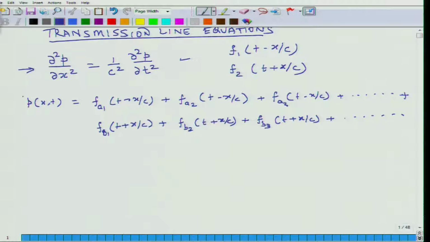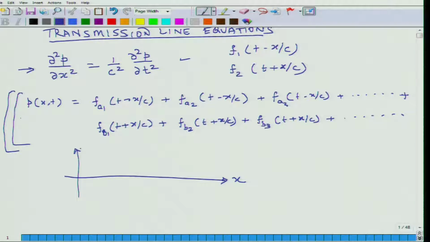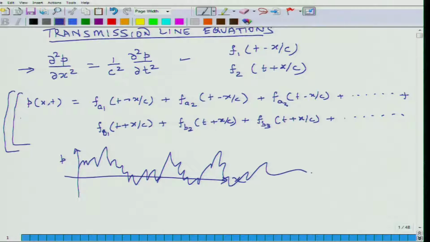So this is an extremely general, perhaps the most general form of the solution which is valid for the pressure wave equation. Now, if I have sound, and let's say this x-axis represents time and the y-axis represents pressure, then sound pressure could be fluctuating something like this.